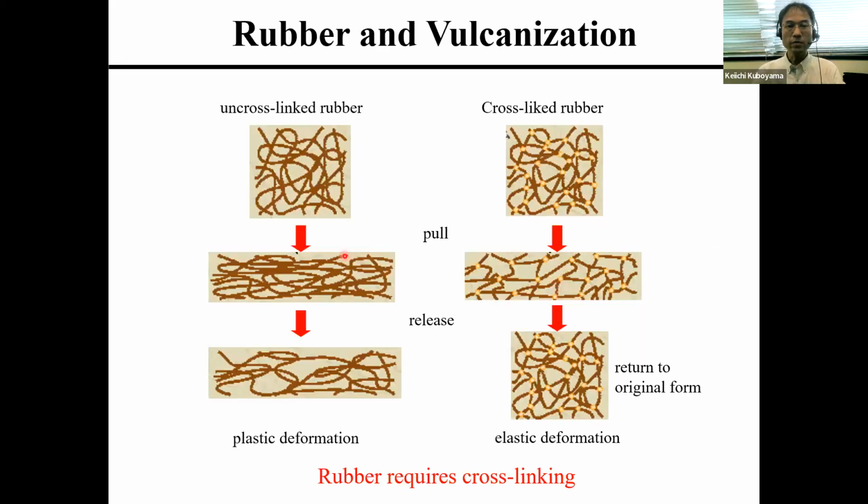If you don't cross-link the rubber material, when you apply stress, the rubber molecules can easily pass through each other, so it elongates permanently and doesn't return to the original shape. So you need to make chemical cross-links inside the rubber molecules.